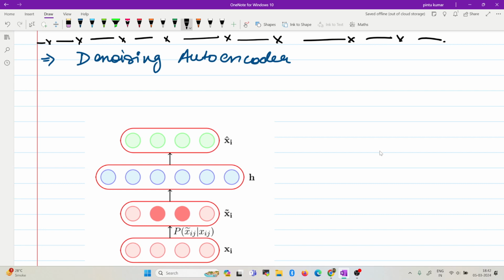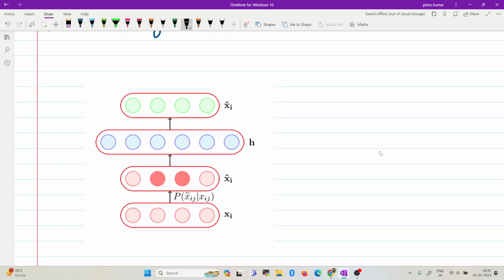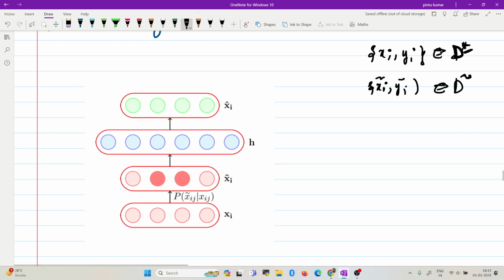The idea behind this is, let's say you have some true data distribution D star. Star means true. But what you have obtained is some xi tilde, yi tilde belonging to some D tilde.